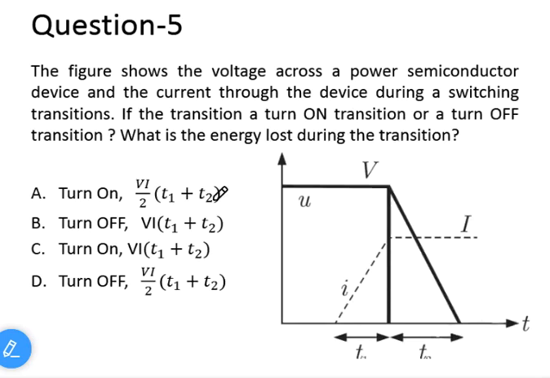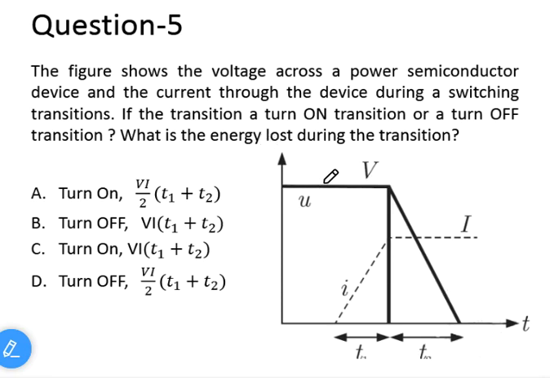Let us look into one more example, which was repeated in the GATE exam. The figure shows the voltage across the power semiconductor device and the current through the device during the switching transitions. Is the transition a turn-on transition or a turn-off transition, and what is the energy lost during the transition? You can observe the switching characteristics.